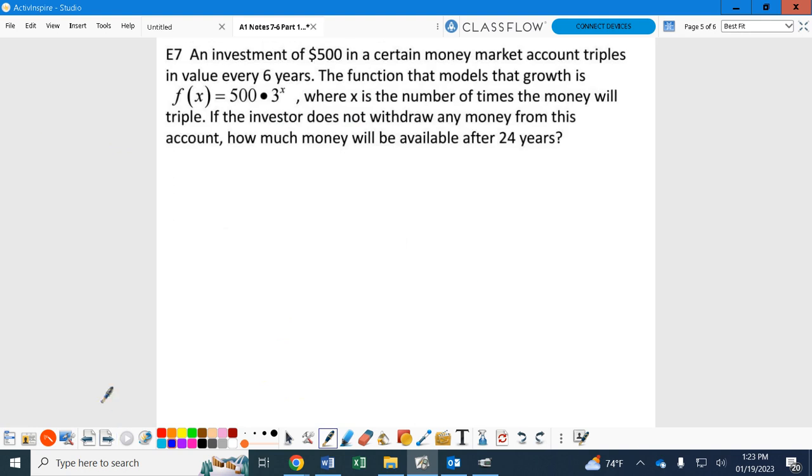An investment of $500 in a certain money market account triples in value every 6 years. The function that models that growth is f of x equals 500 times 3 to the x. Write it down. F of x equals 500 times 3 to the x.